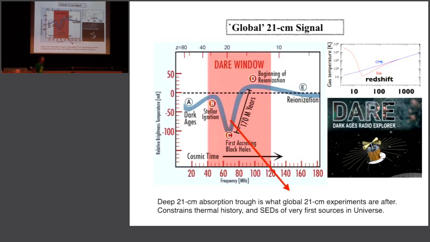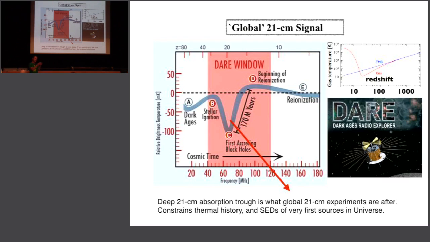Now, as you can see here, what is interesting is that this signal is negative. Here they indicate stellar ignition, so the first stars form at a redshift of 30 in this cartoon. When that happens, the Wouthuysen-Field effect kicks in, and that drives the spin temperature to the gas temperature. We think that this Wouthuysen-Field effect really is the very first radiative feedback effect.